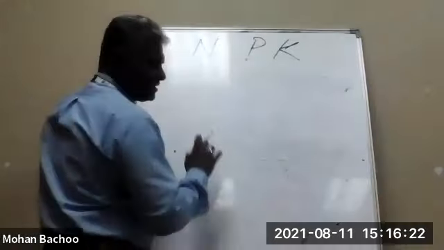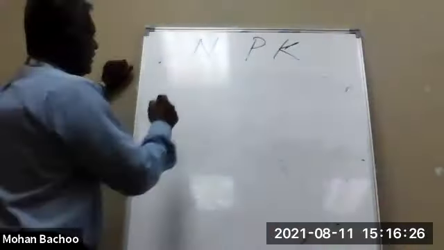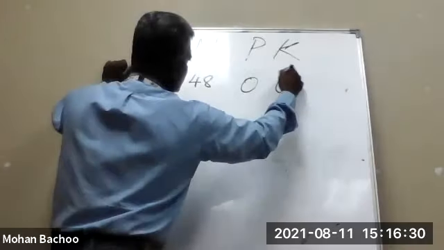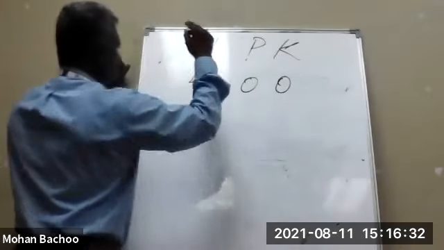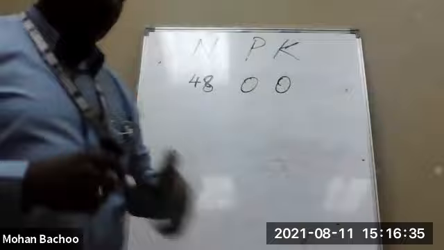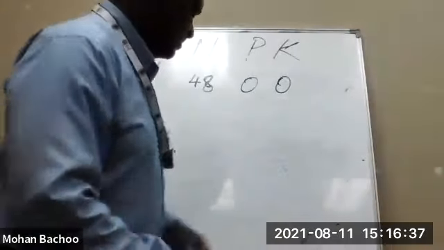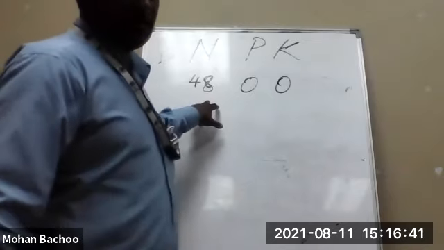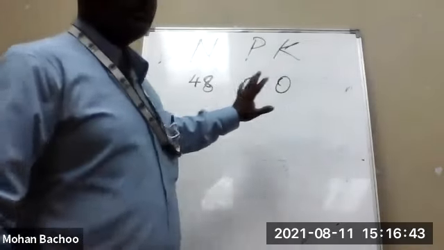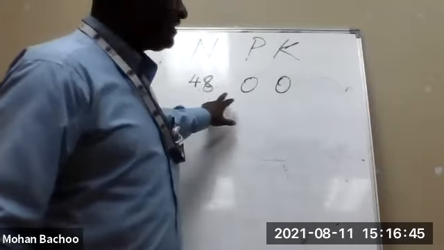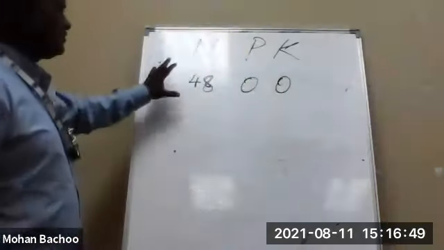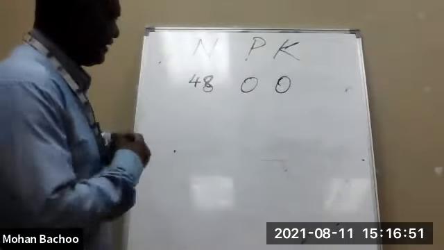If you see a mark like this on the package, 48, 0, 0, what is it telling you? It only has nitrogen. 48% nitrogen, no phosphorus, no potassium, right? That's what it says.